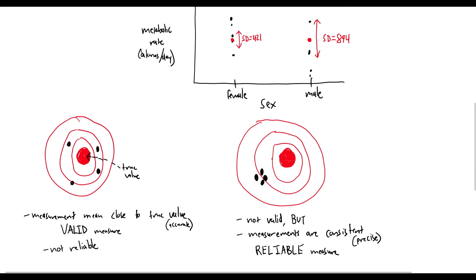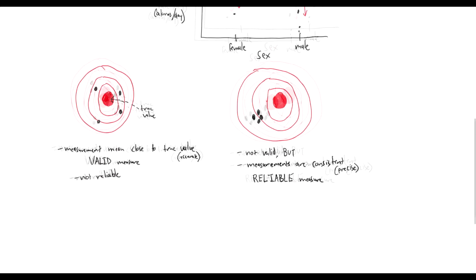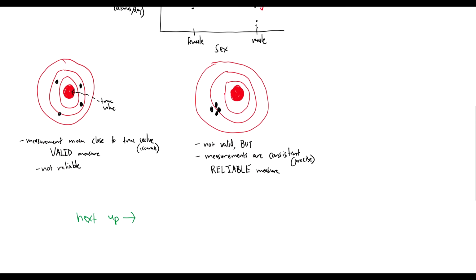Once we've determined the central tendencies and variability of our data, we move beyond these descriptive statistics and we start using inferential statistics to figure out if these differences and relationships that we observe are real or if they're just due to random chance.